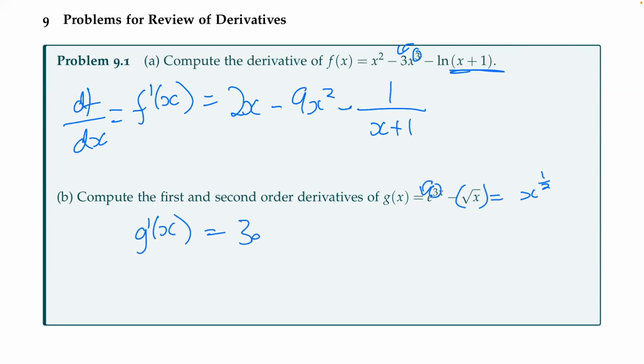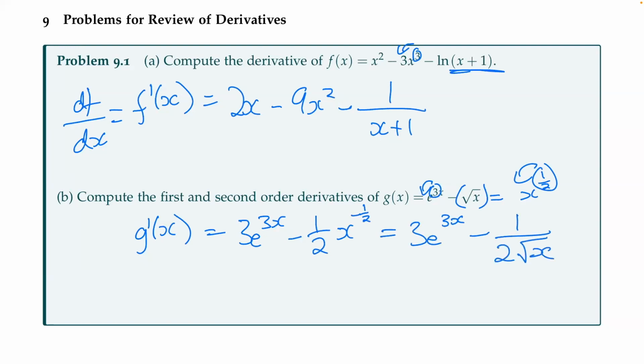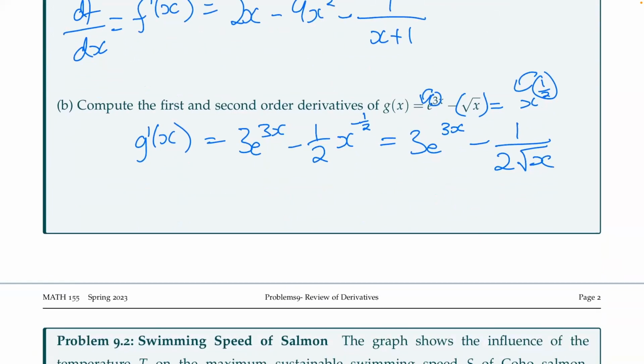So we have 3 e to the 3x minus, as this is just like our power, the power comes out the front, so we have a half x, reduce the power by 1, minus a half. We could write this as 3 e to the 3x minus 1 over 2 root x if we really wanted to. These are the same things.